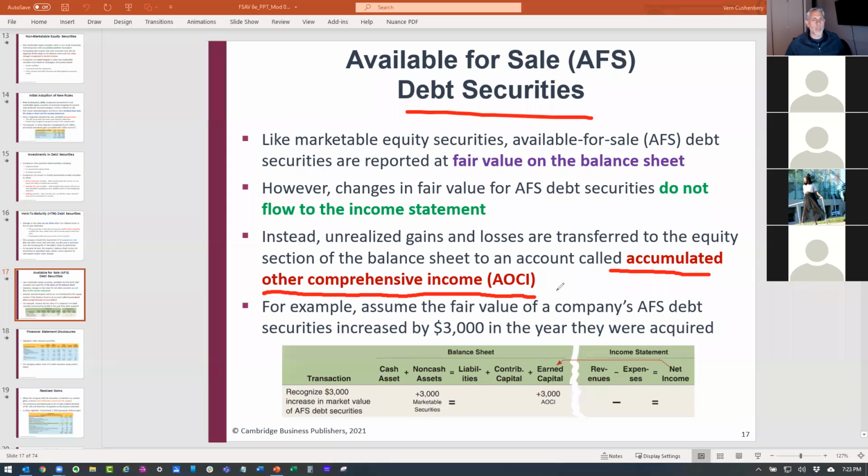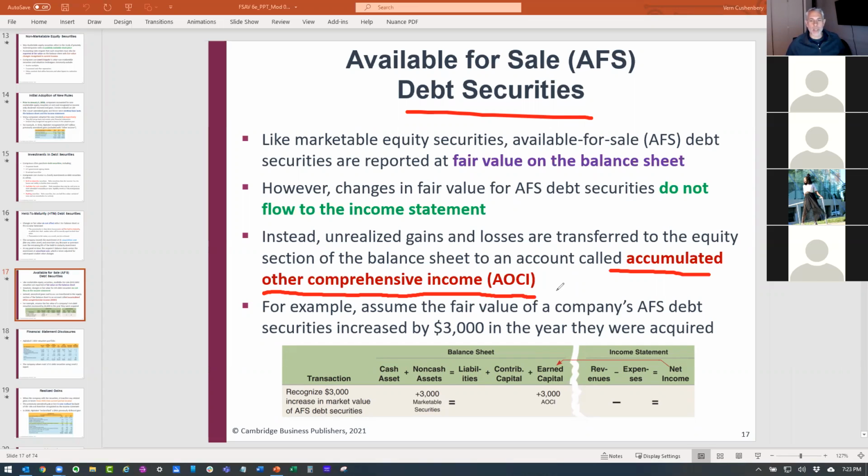So we need to go a little bit deeper into what the heck is accumulated other comprehensive income. You get to the bottom of the income statement and you see net income. Well, that's supposed to be the bottom line. Well, it's not really the bottom line because there's something underneath net income. You can dig a little deeper for something called accumulated other comprehensive income.